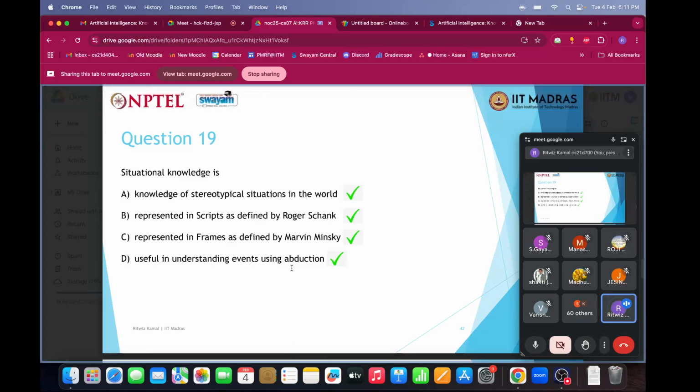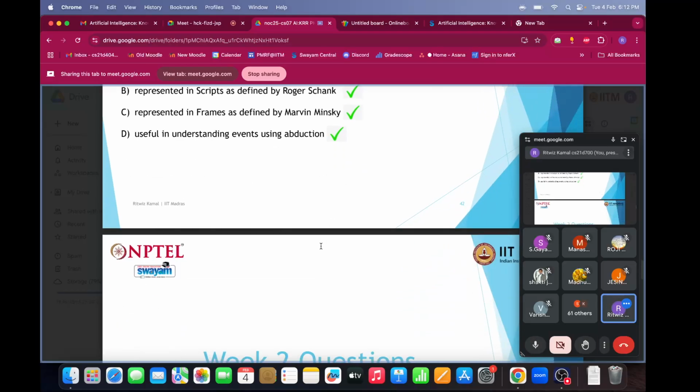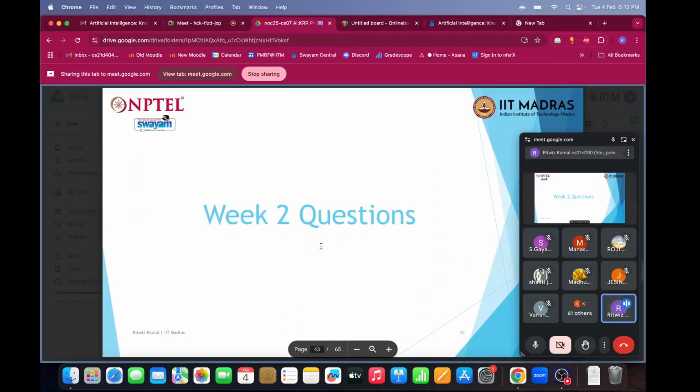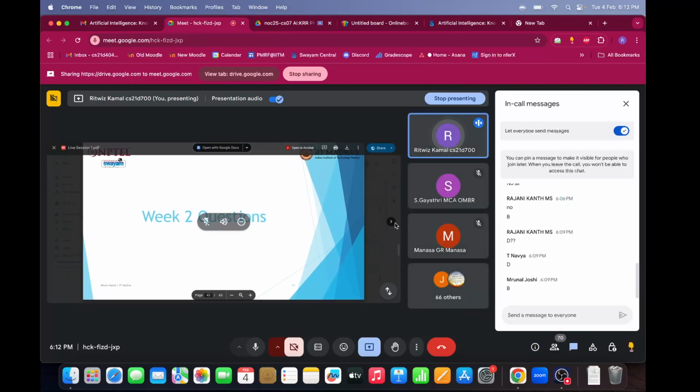You also have to be careful about not selecting the wrong options, because even if you select two correct and one wrong option, I don't think they'll be assigning marks, right? So just be careful of that and practice these questions in the practice assignments that will be uploaded. Okay, so I'll stop there with the advice, and then we can move on to the week 2 questions.